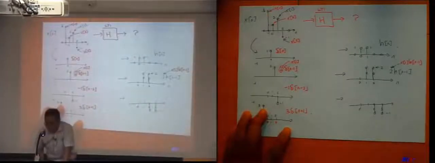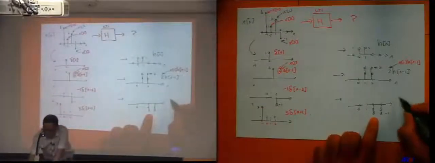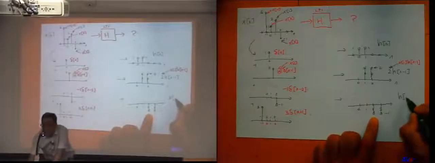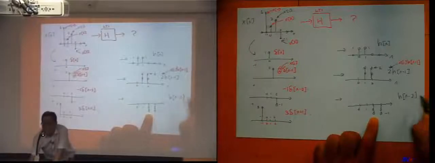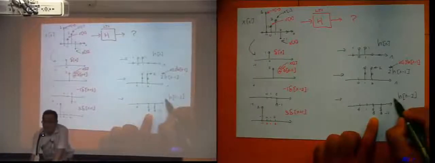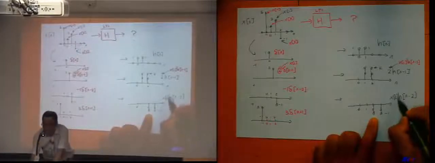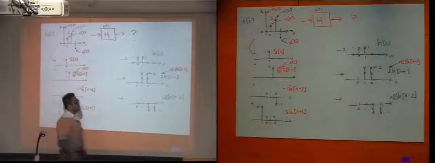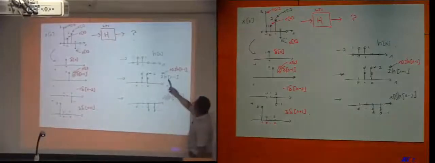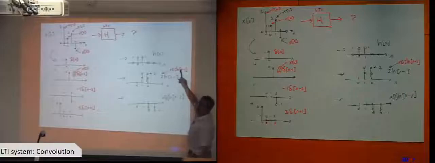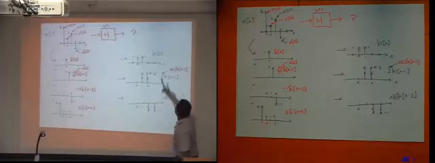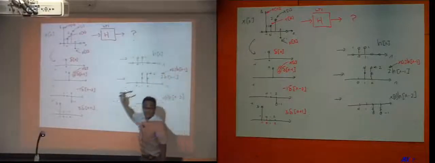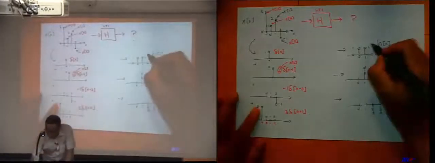If I write the equation, it looks like h of n minus 2 multiplied by minus 1, and minus 1 is x2. Can you see the pattern now? It's not a coincidence. x1 generates h n minus 1, x2 generates h n minus 2, and x0 generates h n. So what is the pattern, guys?